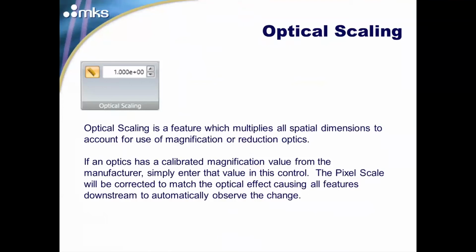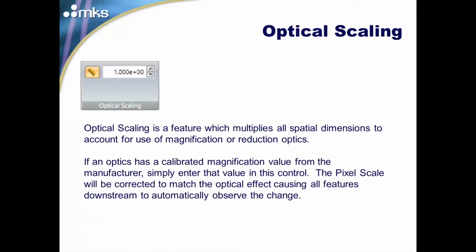Optical scaling may be a feature that you need in your application. If you're using any sort of imaging lens or magnification or reduction optics, then you're going to want to be able to scale all the spatial dimensions to account for that optic. So if you have a reduction telescope or a magnification telescope and it has a calibrated magnification value, all you have to do is enter that value into this control.